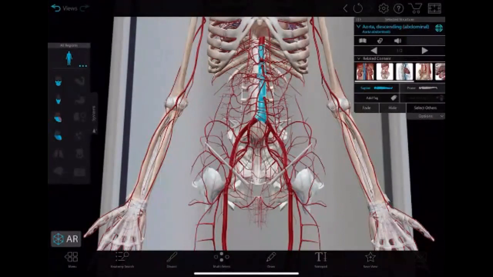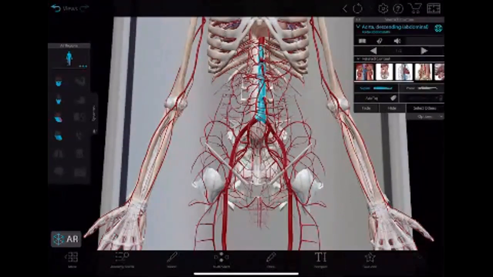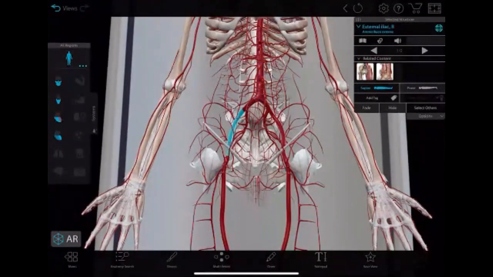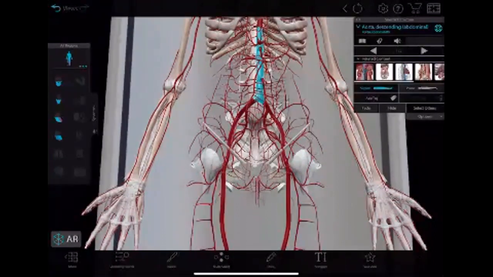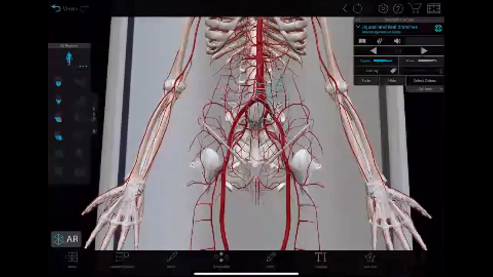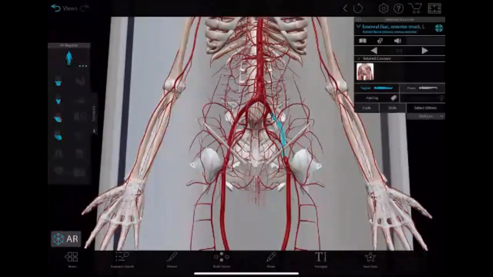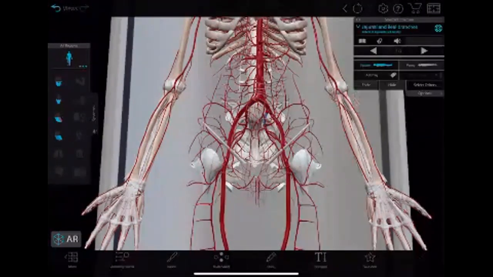That is the abdominal aorta, which divides into common iliac arteries, right and left common iliac arteries, which again divide into external and internal iliac arteries.